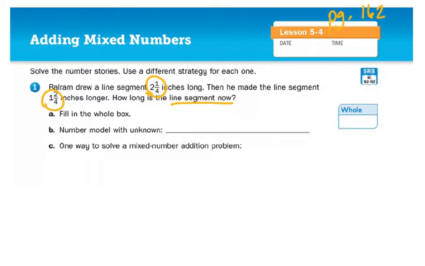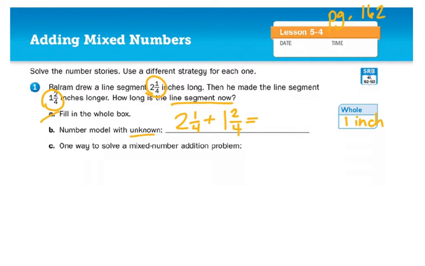Here's one way. I'm going to go ahead and fill in the whole box. The whole box is referring to 1 inch. So fill that in. Done with that. Now I'm going to go ahead and write the number model using mixed numbers. 2 1/4. Fill this in as we go in your math journal, plus the additional 1 2/4 of an inch.